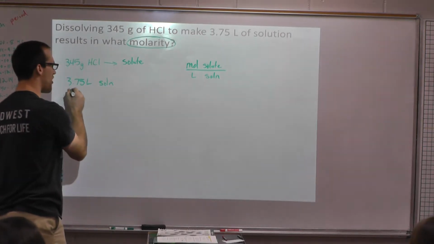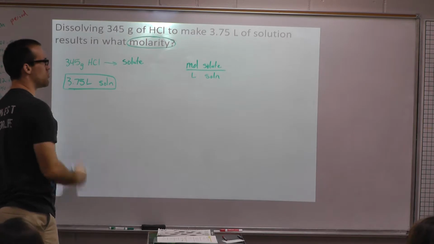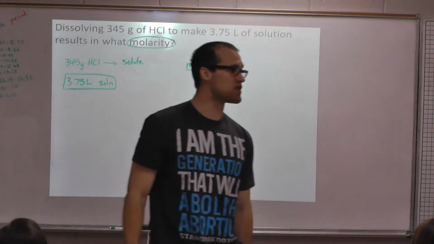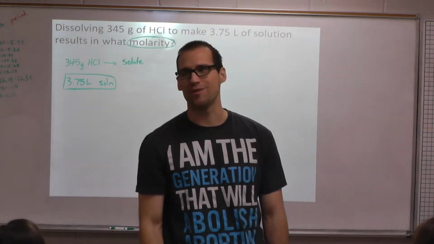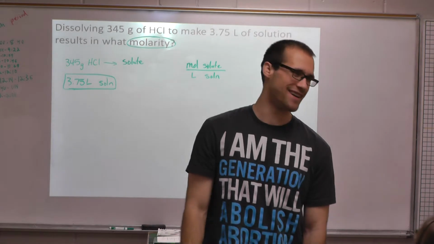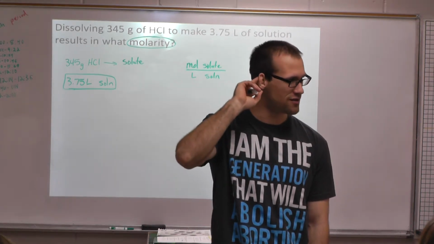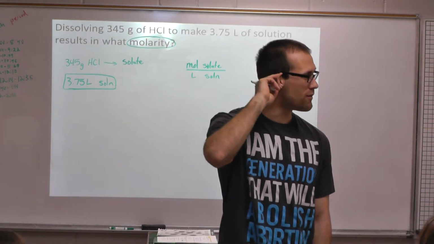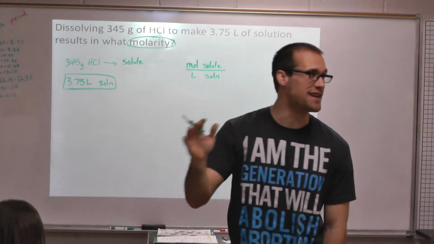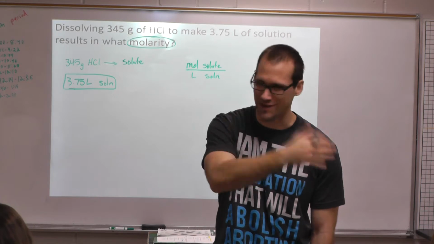We have the volume already. That's good. But what do we not have? Moles. We don't have the moles of solute, but we do have something that we can use to find the moles. What's that conversion called? Molar mass. I told you that molar mass wasn't going to go anywhere.